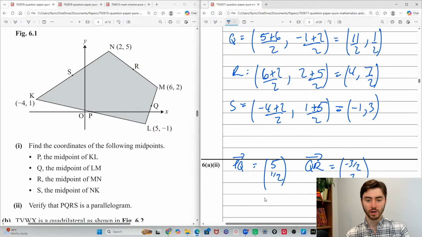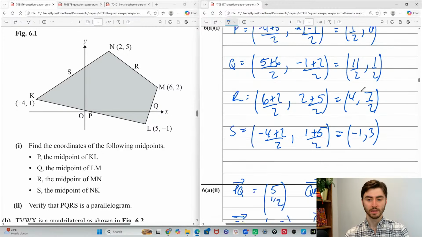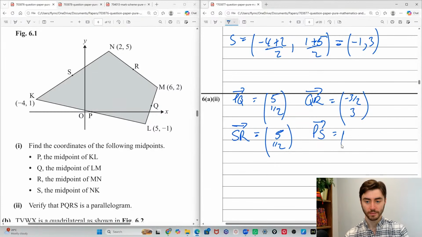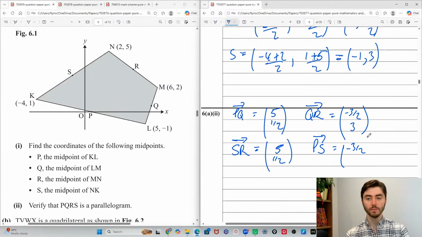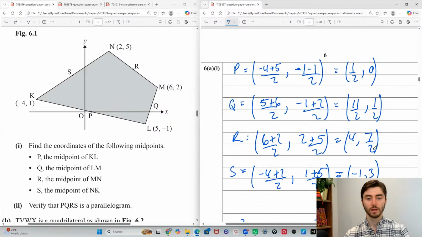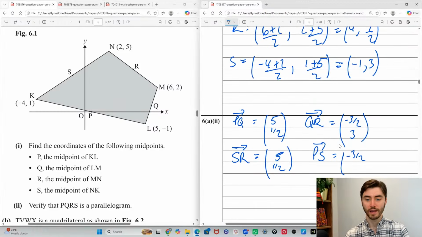Let's do S to R in that order, because I expect that to be the same vector if it's a parallelogram. So to go from S to R, I add 5 in the x, and I add a half in the y. And I've done QR, so I need to now do PS. And to go from P to S, I go minus 3 over 2 in the x. And I go plus 3 in the y.